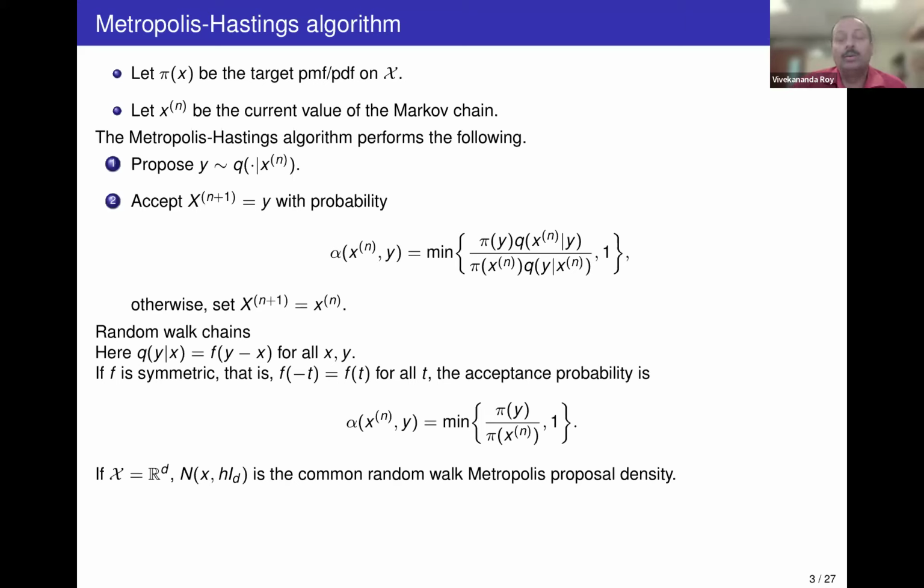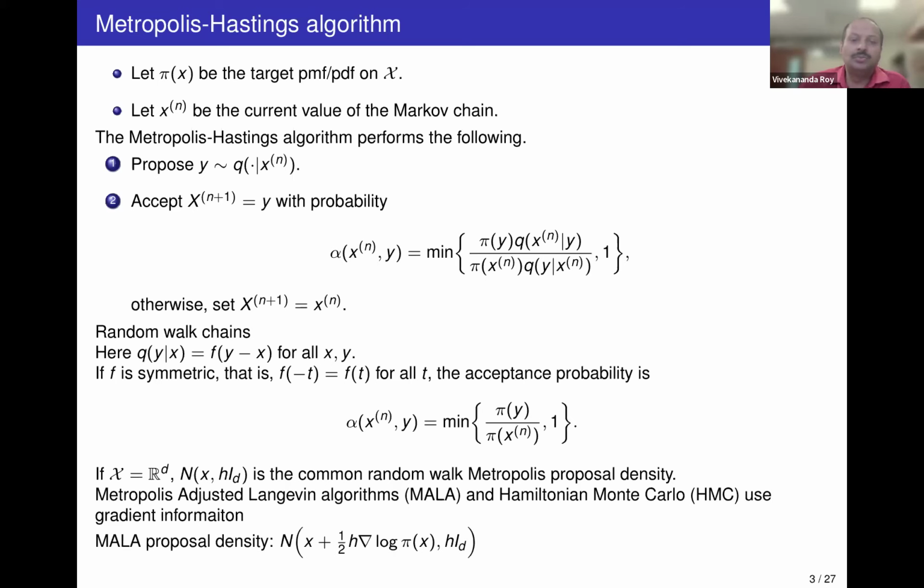Now, on the other hand, you can see that this proposal doesn't use any information about the target. And this generally leads to slow convergence and bad mixing in higher dimension. People have observed that. And this led to the development of other Metropolis-Hastings algorithms, which use a proposal that involves some information about pi.